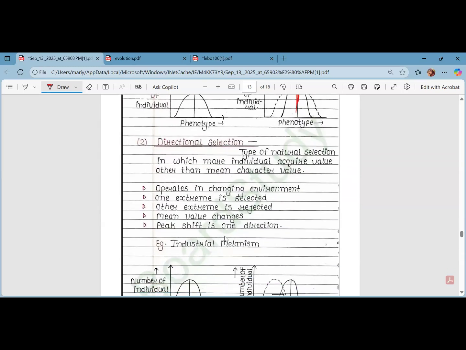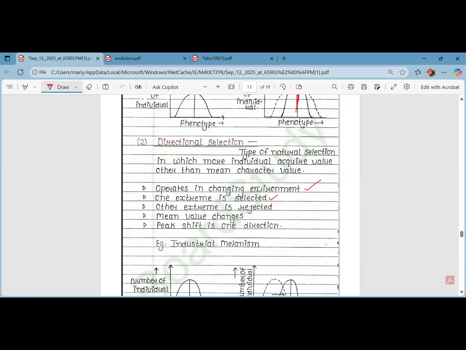Then comes directional selection. Directional selection is a type of natural selection in which a value other than the mean value is taken into account. So when will this happen? This will happen when the environment is not constant, when it is changing. One extreme is selected, either the higher extreme or the lower extreme.